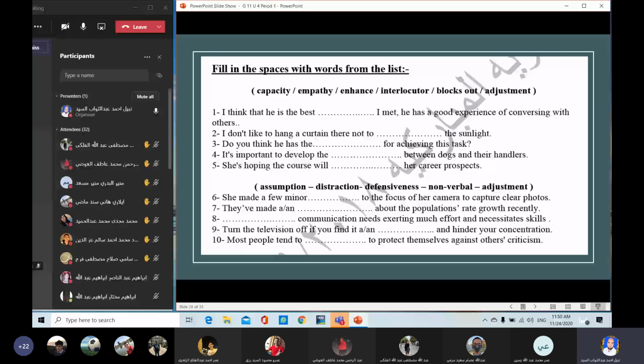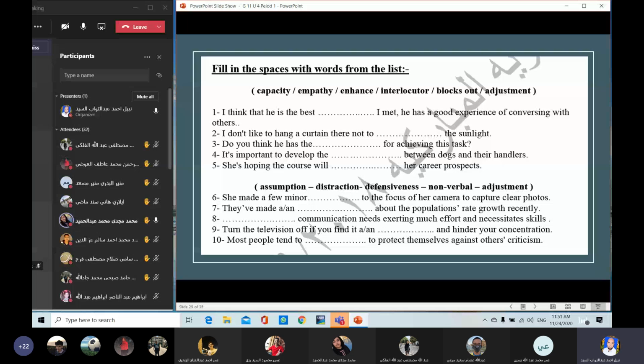Do you think he has the adjustment for achieving this task? What do you need? You need adjustment to achieve a task, or an ambition or a mission. You should have what? You should have ability.